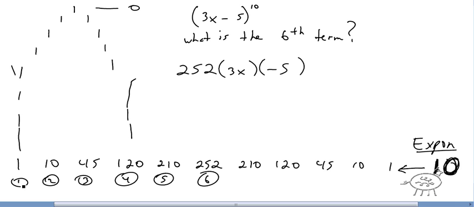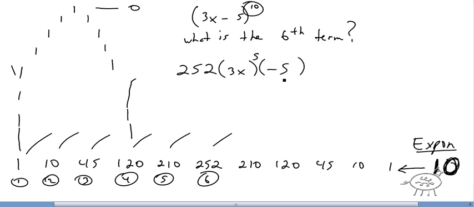So remember the exponents: if it's to the 10th power here, this 1st term goes to the 10th power, to the 9th power, 8th, 7th, 6th, 5th power. Okay, so 10, 9, 8, 7, 6, 5th power. And then of course, what's this one going to be?